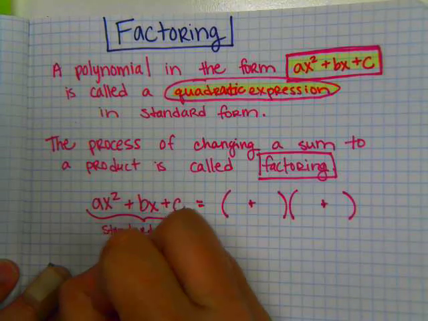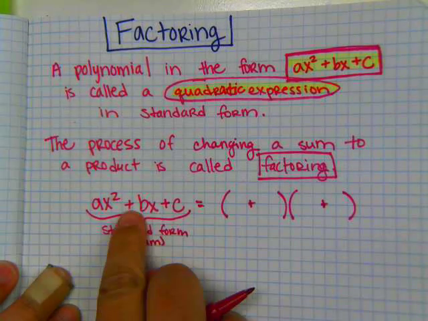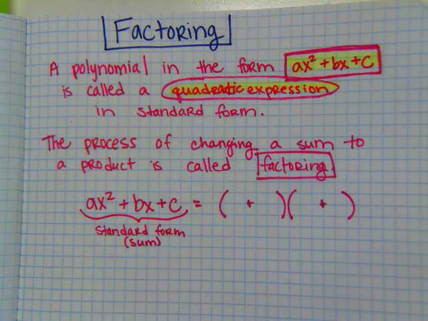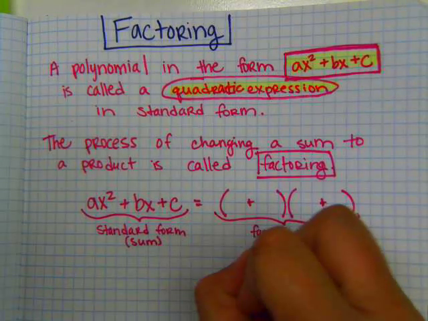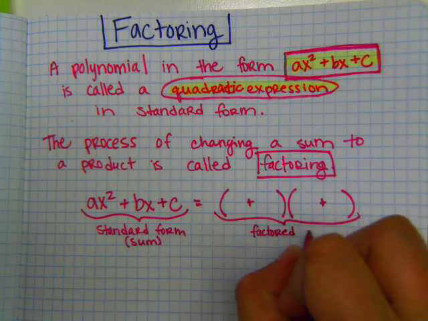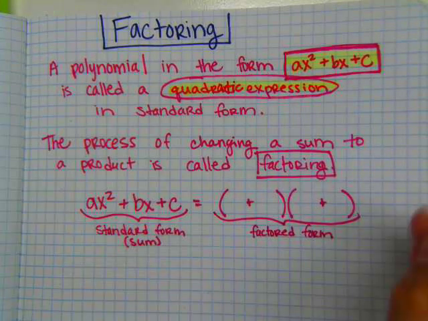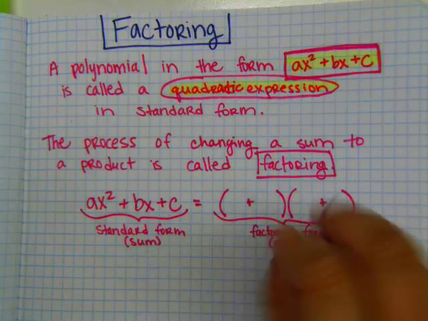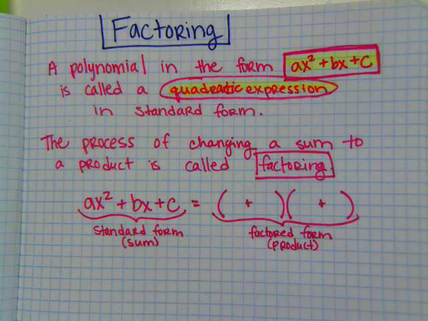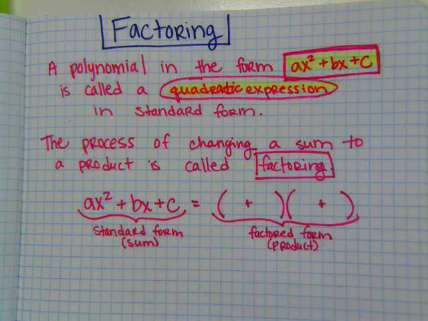And this is written as a sum because we have addition right there. And this is it in factored form. And this is the product because they're multiplying in between those two. Okay, so we're going to be given something like ax squared plus bx plus c. We're going to have to factor it and then put it into factored form.